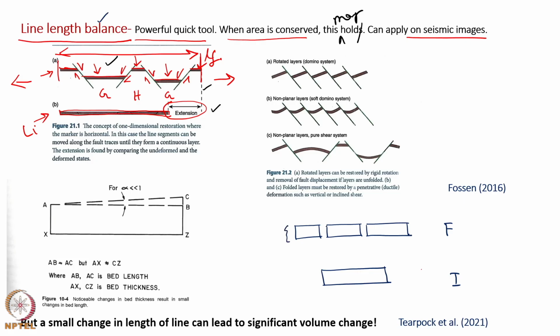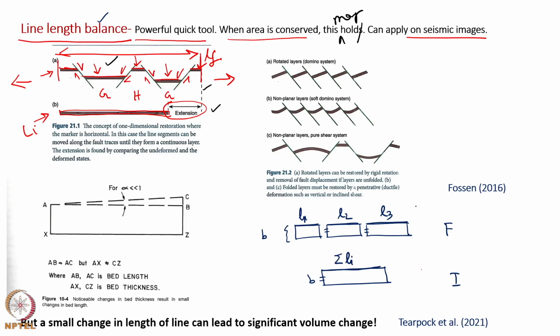Say this length and this length is B, which is maintained over here. This length is L1, this length is L2, this length is L3, and this length is the sum of L1, L2 and L3.